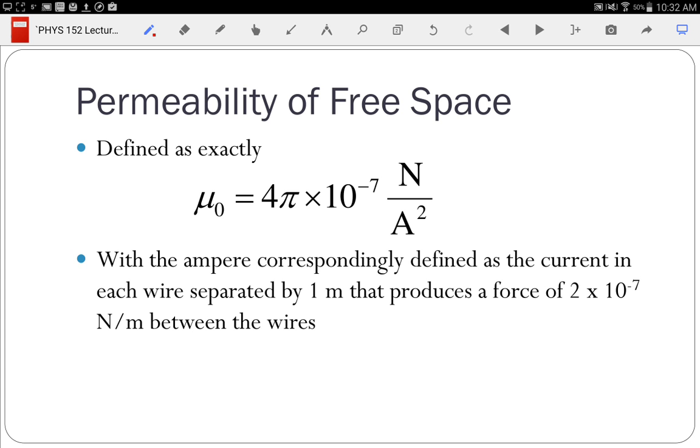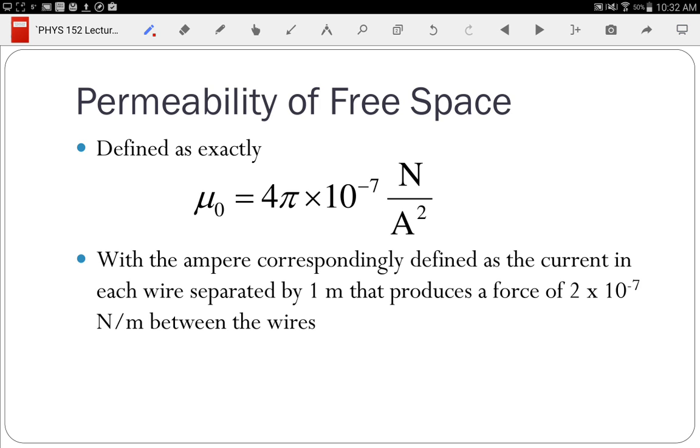So start out with something I failed to define for you: the permeability of free space. All I said was that's a number that tells you how easy it is to magnetize space. The value for the permeability of free space is an exact value. And just like all of our other constants, it's an exact value that goes on forever. Okay, not like all the others.